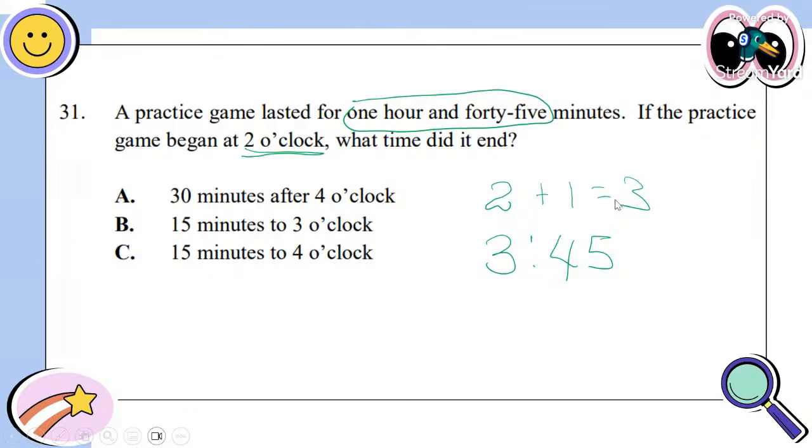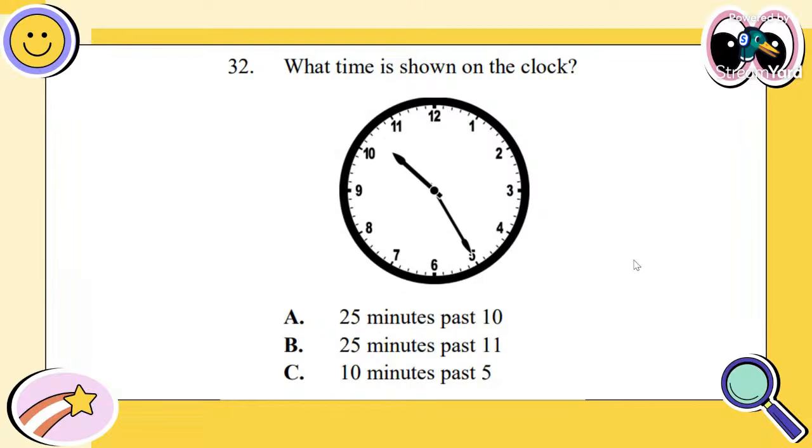We need 15 more minutes to get to 4 o'clock. So the correct answer would be 15 minutes to 4 o'clock. Good job, guys. I love to see your effort. I love to see you practicing. I love to see you trying. Next question.